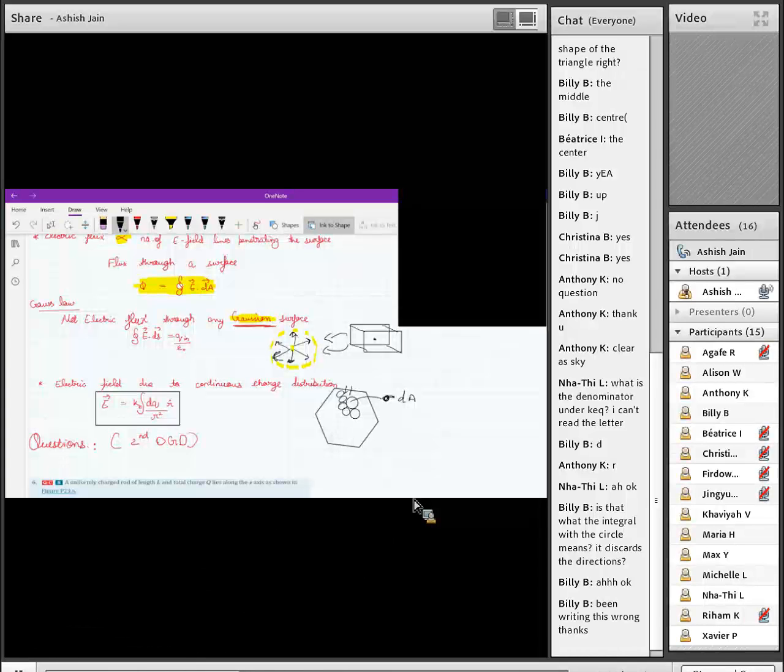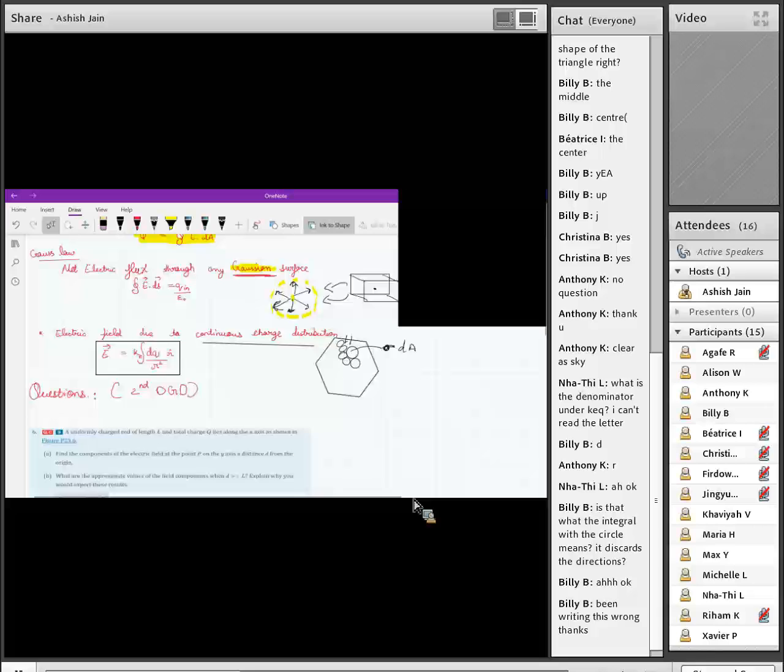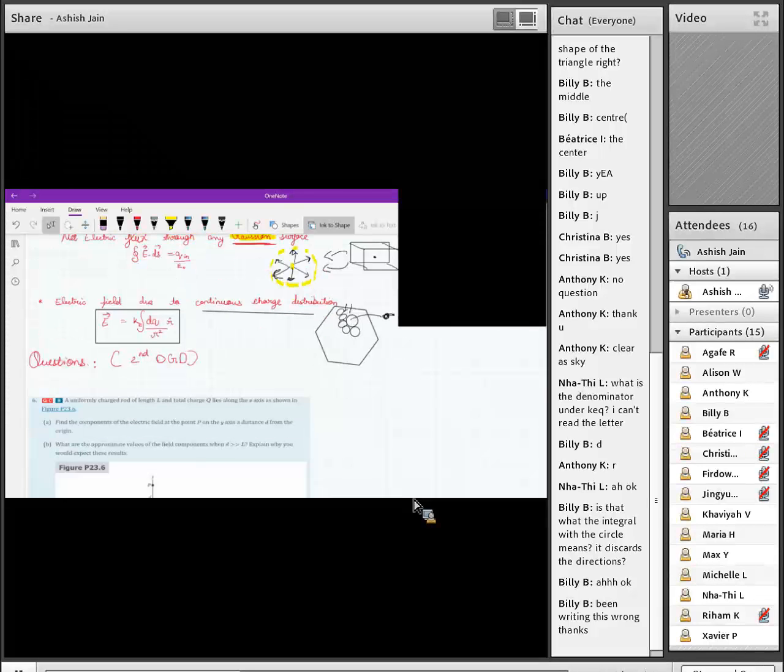That's why you do the integral when there is a continuous charge distribution. This is related to the question some of you asked me in the last EGT. I just want to brush it up.